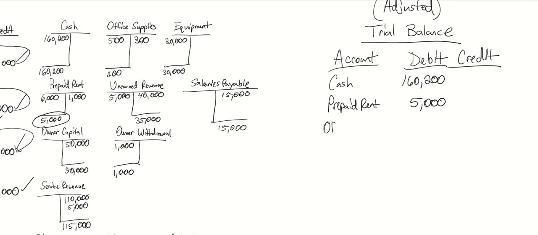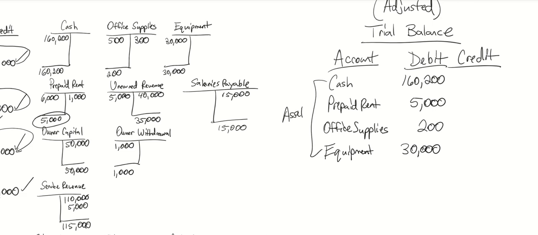Next, we've got office supplies for $200. Then we have equipment for $30,000. These are our asset accounts, so I just put on here assets.